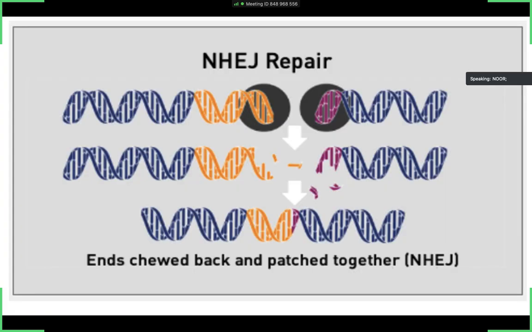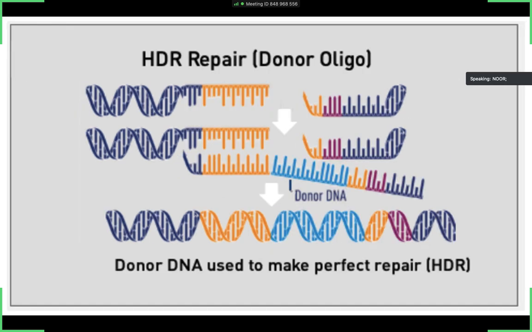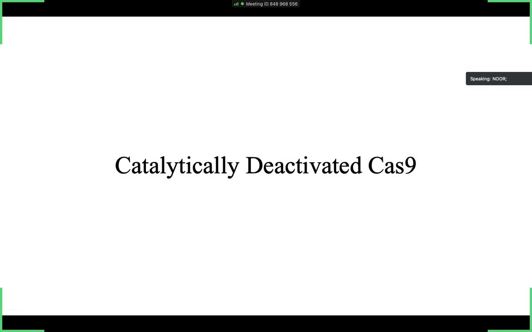NHEJ repair, non-homologous end-joining repair, is mostly used for the addition of a few bases, and HDR donor oligos are also pasted in.